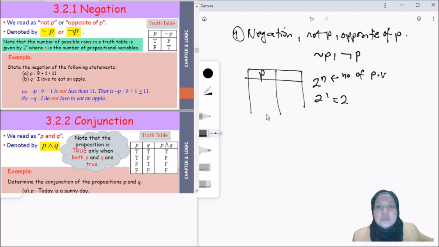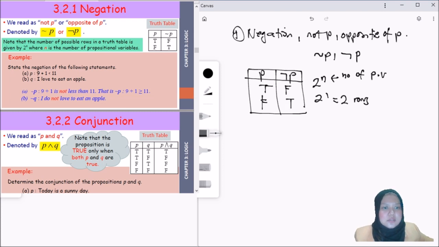So the truth table for negation consists of 2 rows. The values are either true or false. The proposition not P is the opposite of P, so it is going to be false and true. That is the truth table for negation.